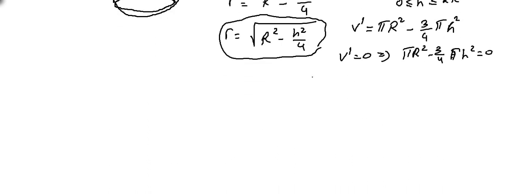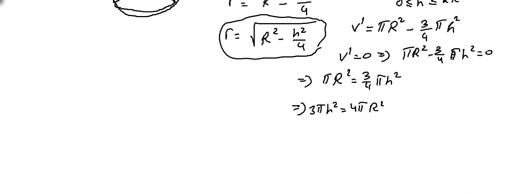This means pi R squared equals 3 over 4 pi h squared. Can we find h in terms of R? Cross product, 3 pi h squared equals 4 pi R squared, dividing both sides by pi. Let's divide both sides also by 3.